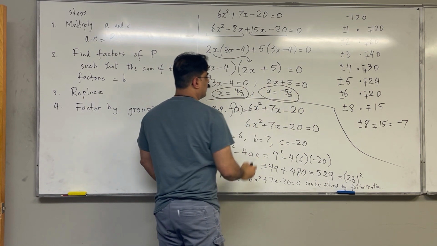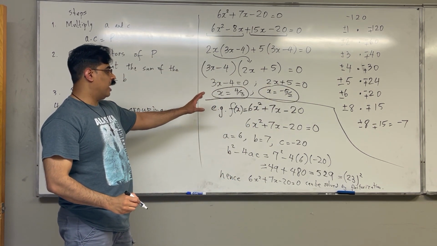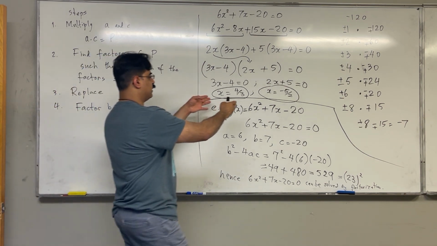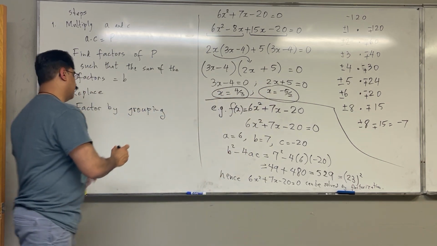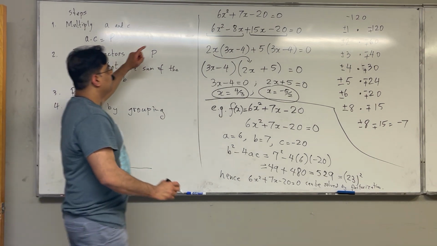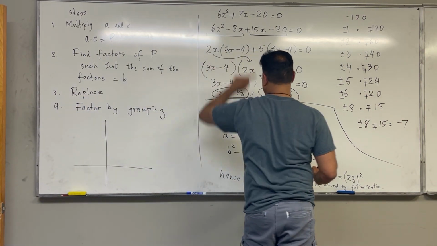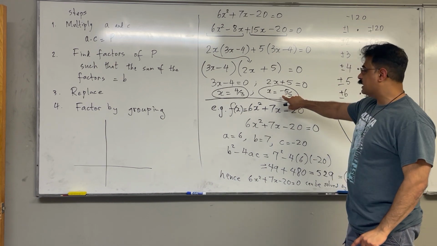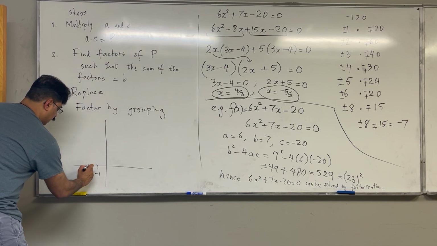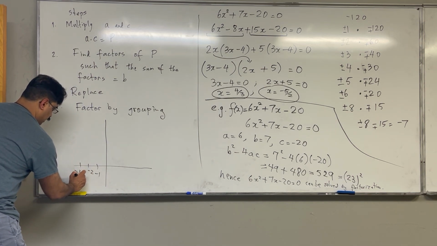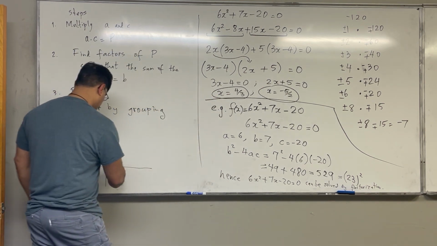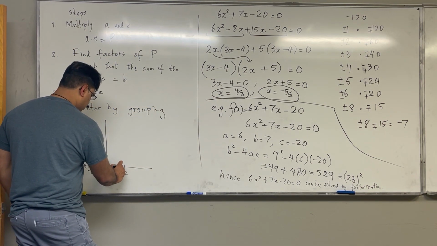Now observe, if I graph this particular parabola, what would its graph look like? What information is this giving me? It is giving me vital information that if I graph this parabola, now I know it is facing up. It is facing up because your a is positive. It tells me that it is intersecting at negative 5 over 2. So if it is negative 1, negative 2, negative 3, there is this point where the parabola is cutting, and at 4 over 3, this is 1, this is 2, so somewhat over here.